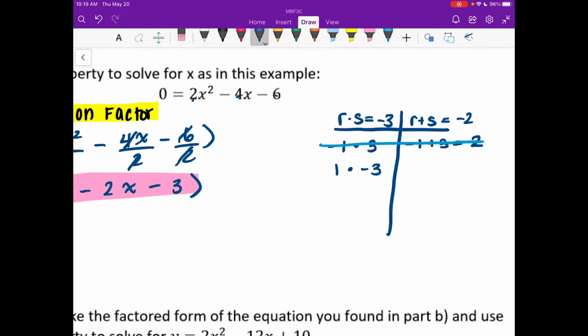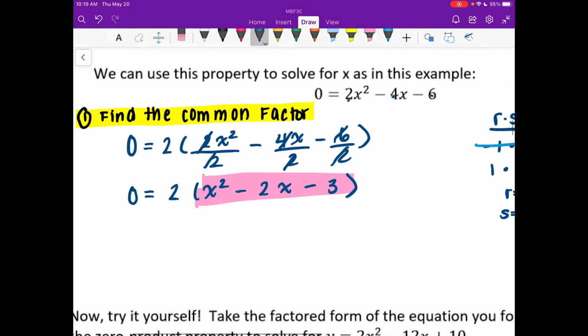Let's see if the next one is. 1 plus negative 3 is negative 2, so my r must be negative 3 and my s must be positive 1. It could be the opposite way, you can write s as negative 3 and r as positive 1. It doesn't matter how you interchange those.